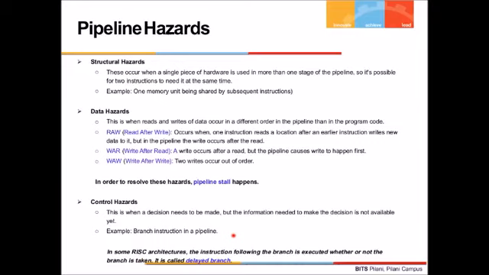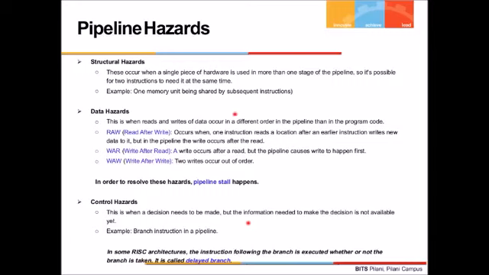Sometimes it is assumed that the jump condition will not be successful, so the current instructions are fetched and executed. If the condition is true, then the entire pipeline is flushed. In RISC architecture, there is some other way to handle it. It is called delayed branch. So there are different ways in different architectures to handle it. Okay, but this is a hazard.